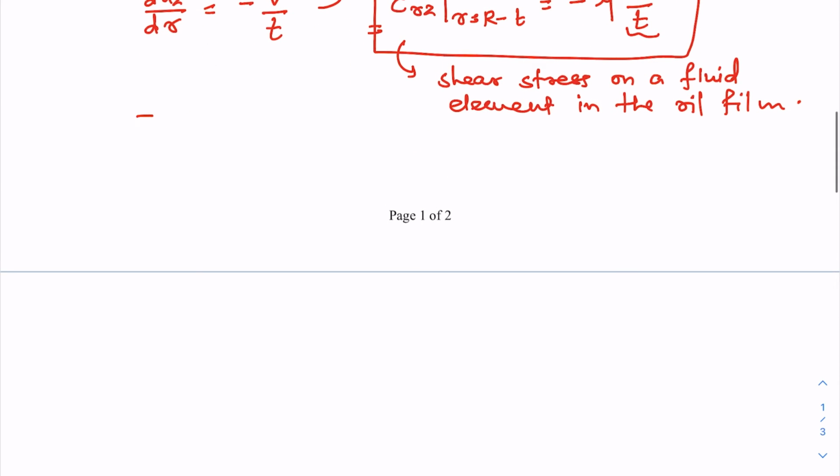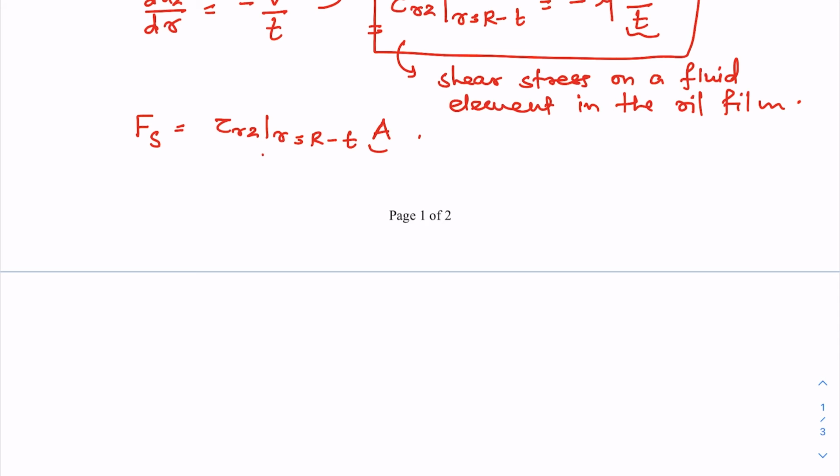So the shear force will be nothing but tau rz at r equal to r minus t, the shear stress acting on the piston surface, multiplied by the surface area.